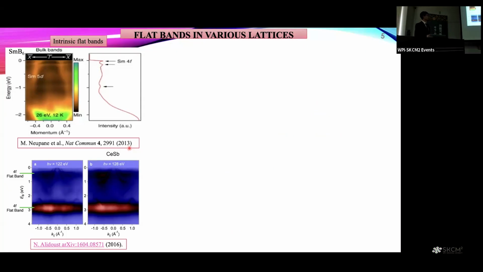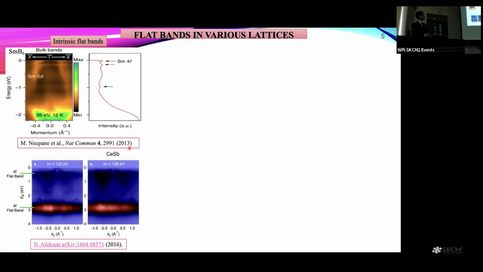One of the most important examples is samarium hexaboride, where if you look at the electronic band structure, you have flat bands lying near the Fermi level. Samarium hexaboride is a very peculiar and interesting case. Here, samarium exists in a mixed valence state, both +2 and +3, and the samarium 2+ states have flat bands very near to the Fermi energy.